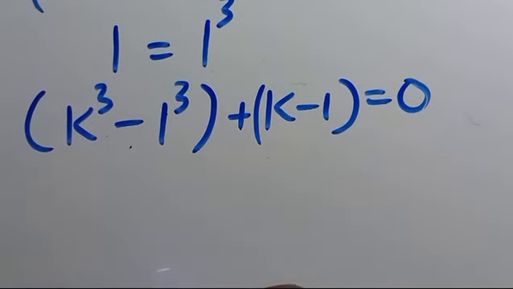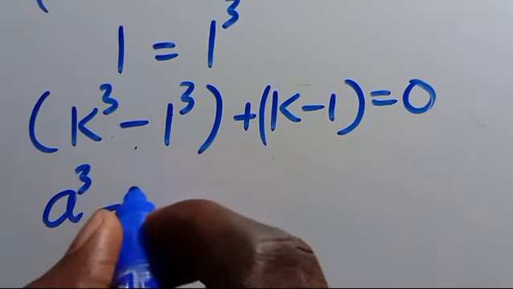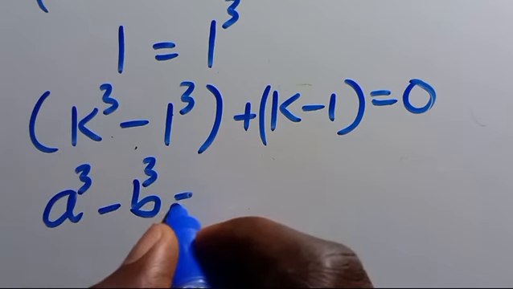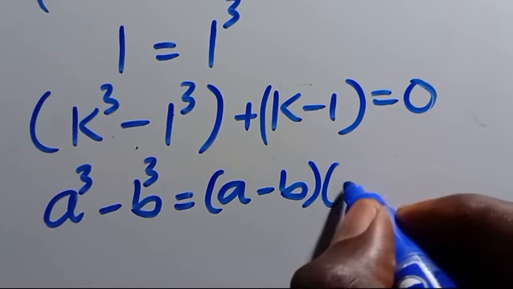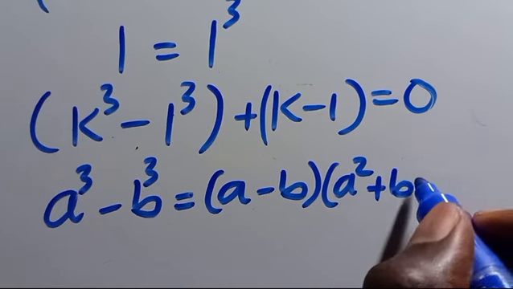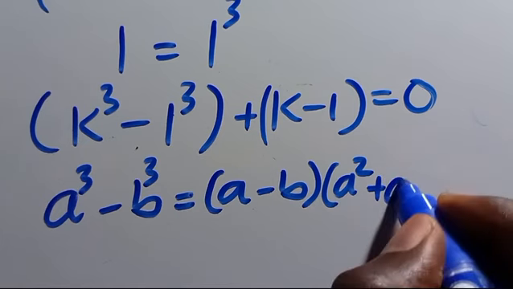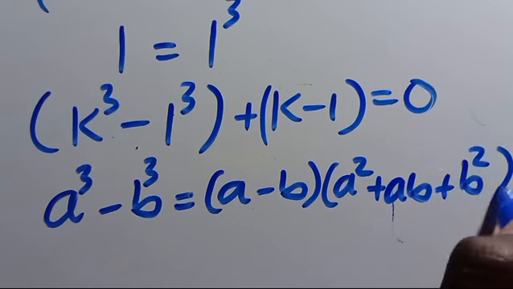Recall, when we have a to the power of 3 minus b to the power of 3, it equals a minus b times a squared plus ab plus b squared.